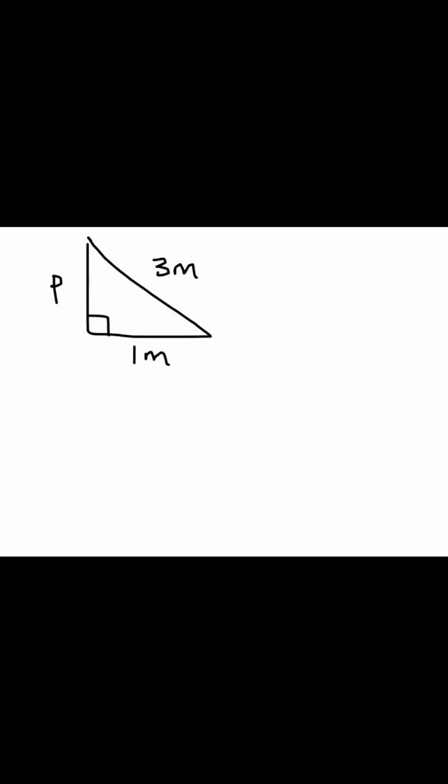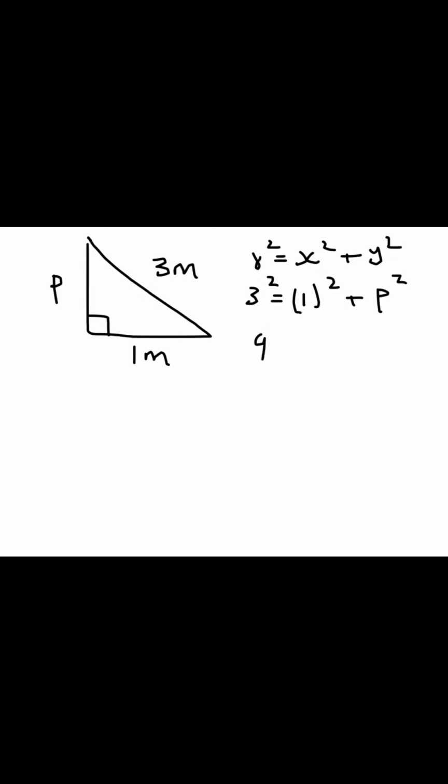Please be aware that your hypotenuse is that one, and then you've got 2 sides. You can use the formula r squared equals x squared plus y squared, and easily substitute. You've got your 3 over there, and your x value you can put 1 there, plus p squared.